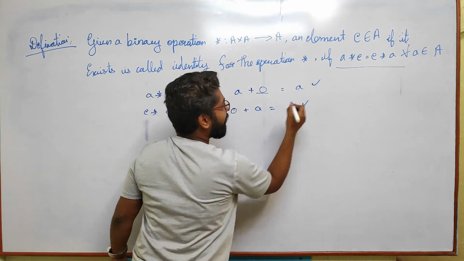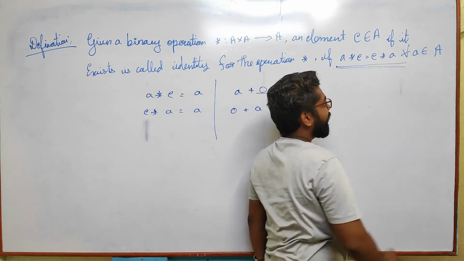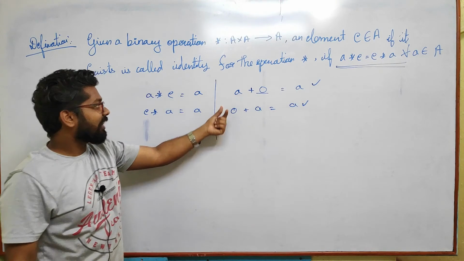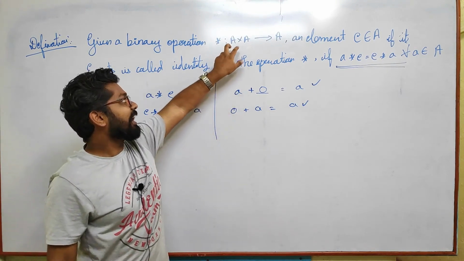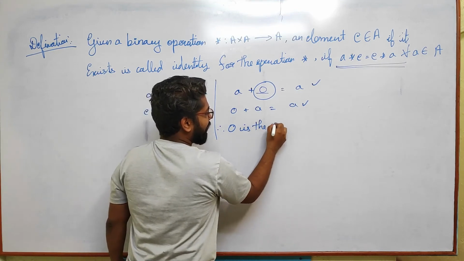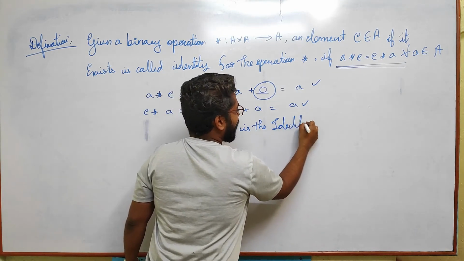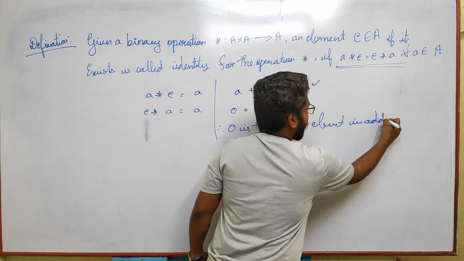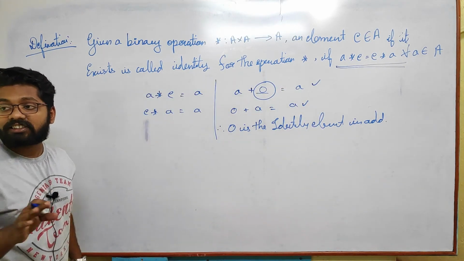This condition is satisfied for all A belonging to A, meaning you can choose any number, it just has to be from that set. So 0 is the identity element in addition.